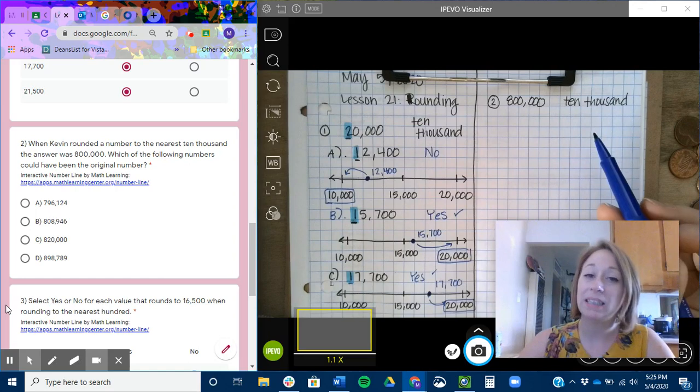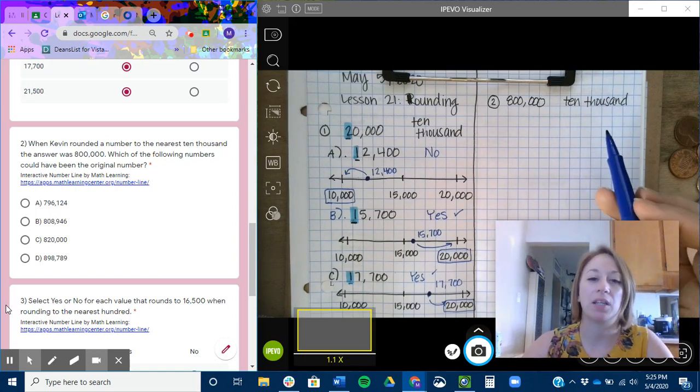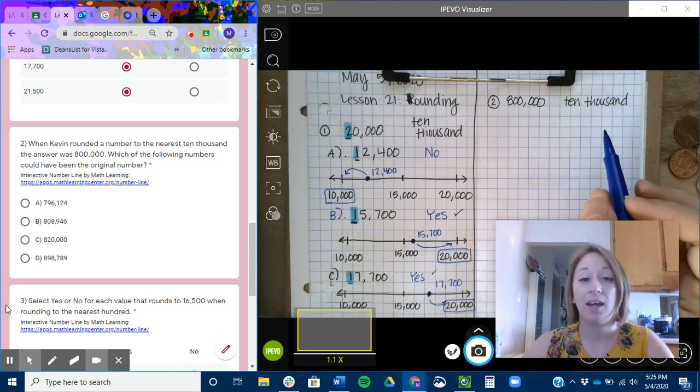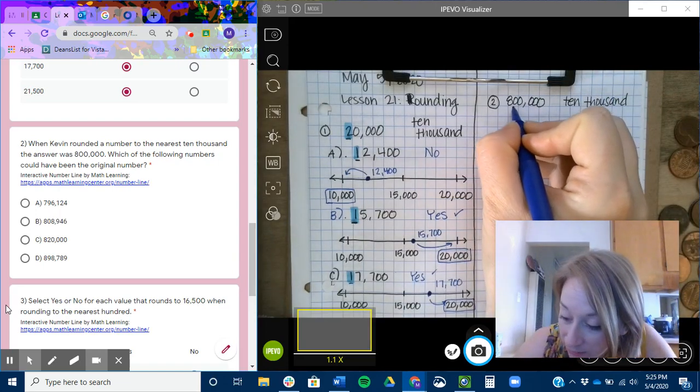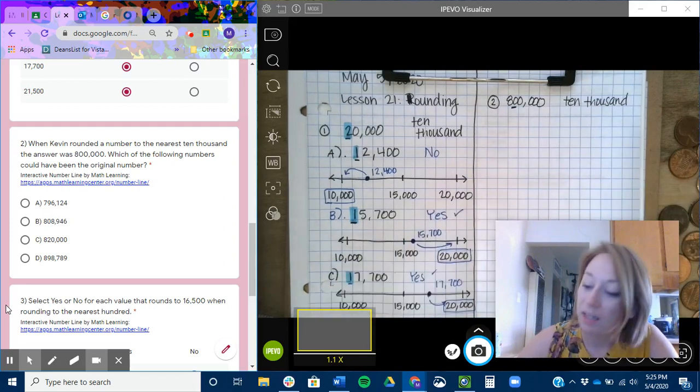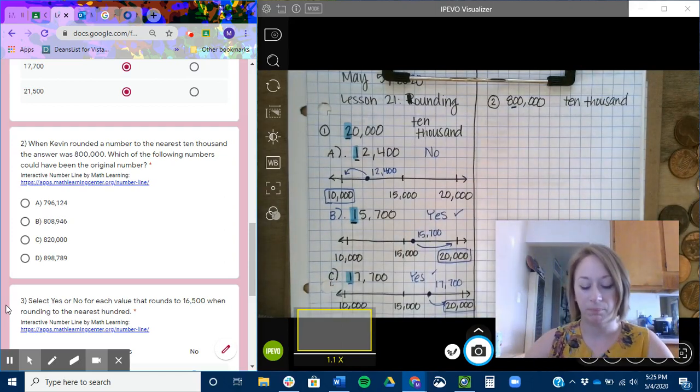Well, one thing that's actually a little tricky about this particular question is we're now in the 100,000s place. The 10,000s place is a 0. Now, does that mean that there is no 10,000s in this number? No. 800,000 is indeed made of 10,000s.